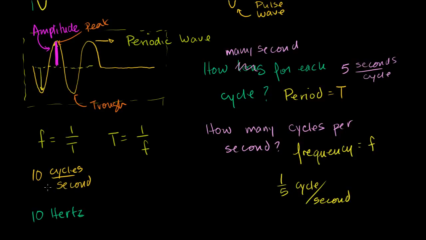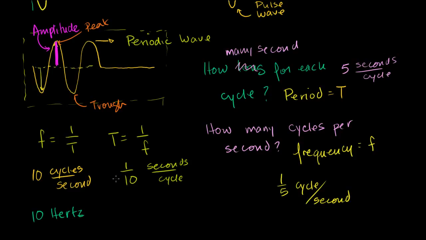If my frequency is 10 cycles per second, my period is going to be 1 over that. So 1 over 10, it's going to be 1/10 of a second per cycle, which makes sense. If I can go up, down, back again 10 times in a second, it's going to take me 1/10 of a second to do it each time.